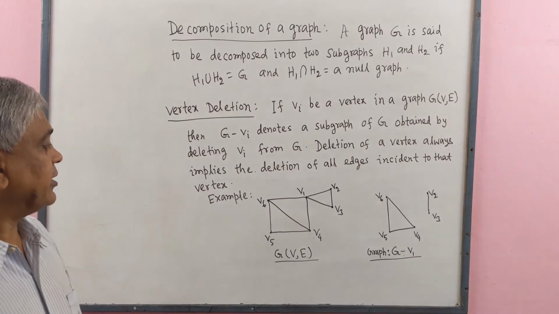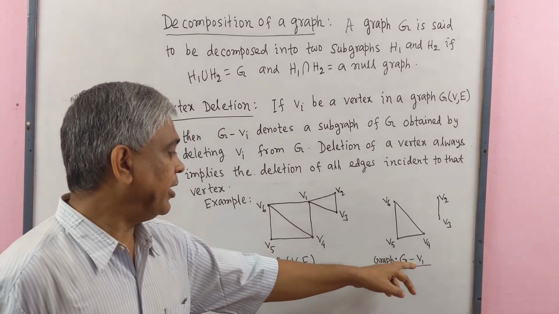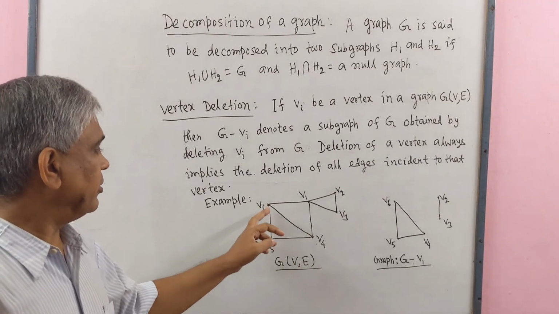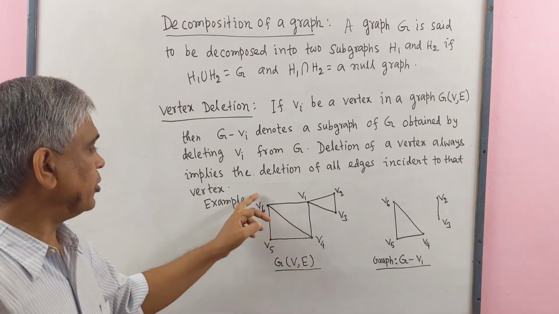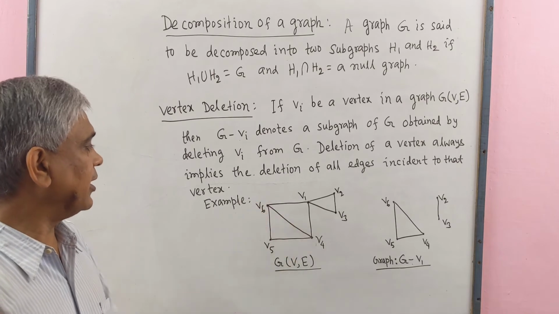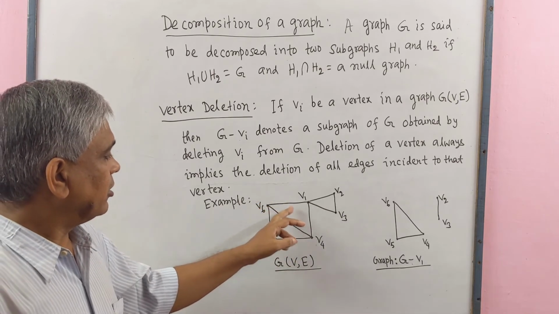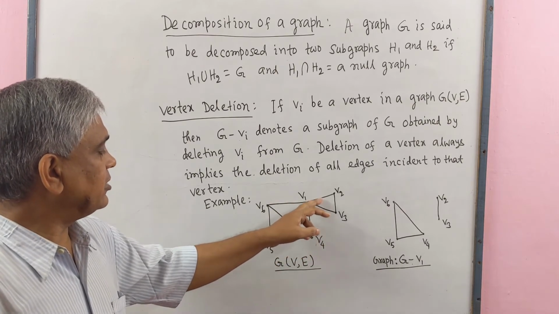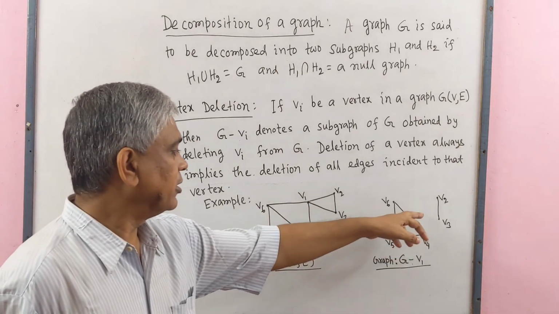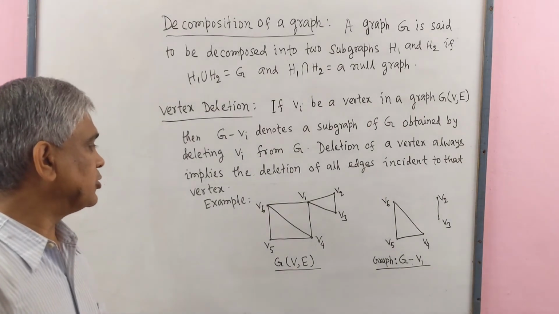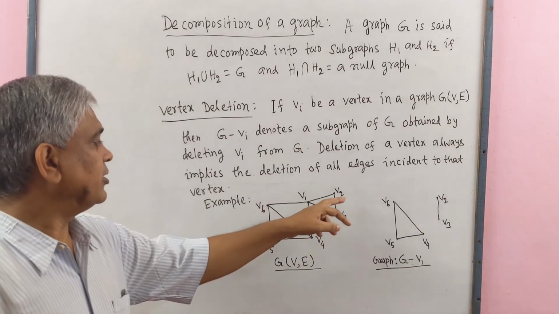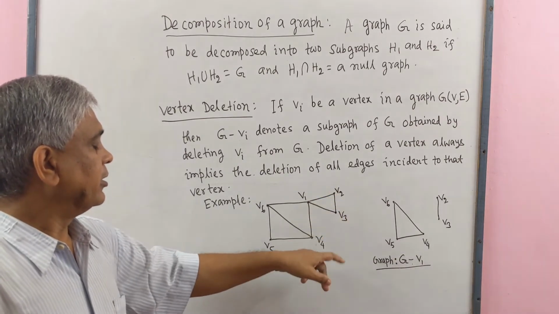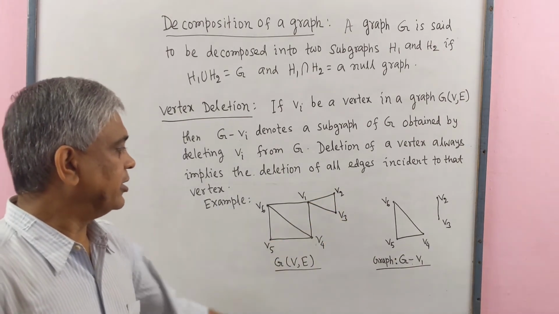So our ultimate graph G minus V1 is this part V6, V5, V4 containing this type of triangle, and these edges will not be included in G minus V1. Only V2, V3 and the edge joining V2 and V3 remain.